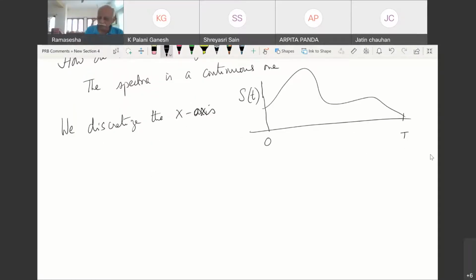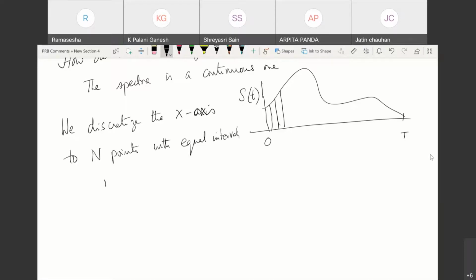Usually you discretize to N points, with equal interval. Because I started with 0, the last point is going to be capital N minus 1.